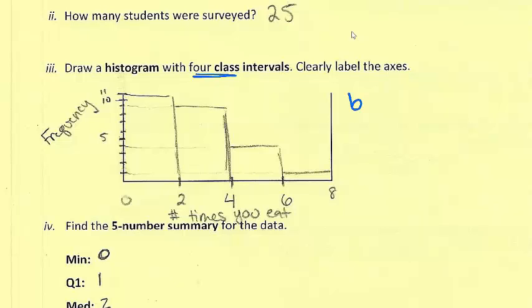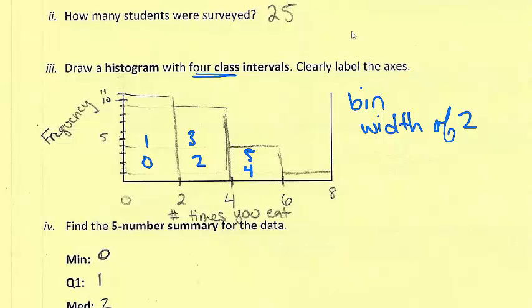This would be a bin width of 2. Because in here, that's 0 and 1. In here is 2 and 3, 4 and 5, these are the numbers 6 and 7. So what I said was, well, and notice I didn't write it in here.